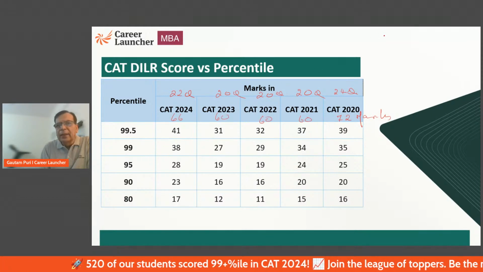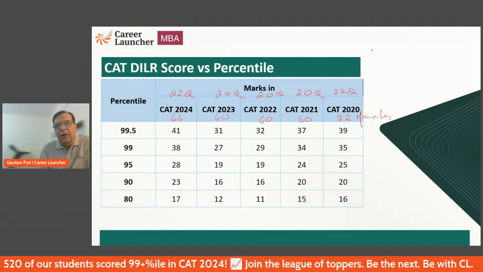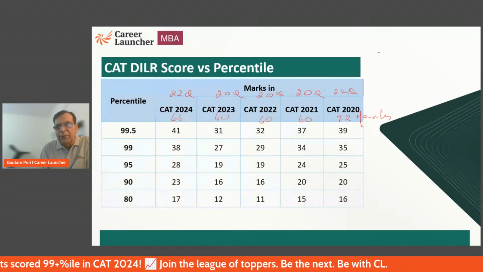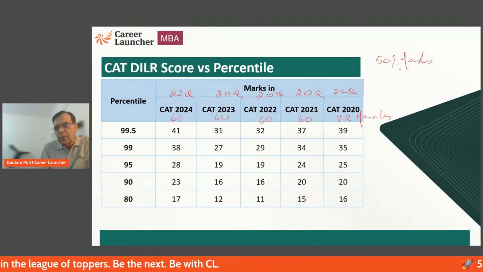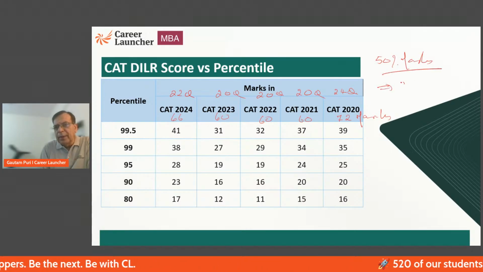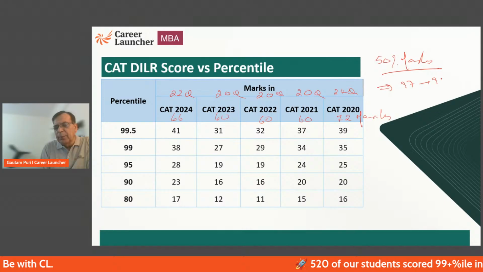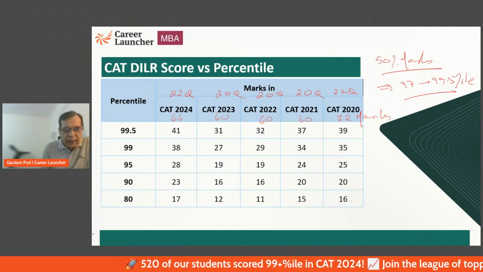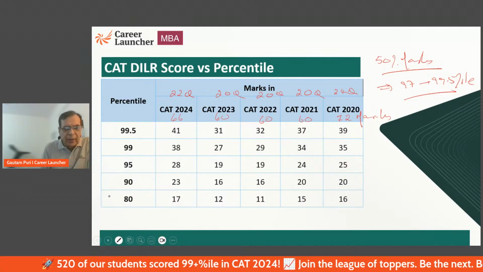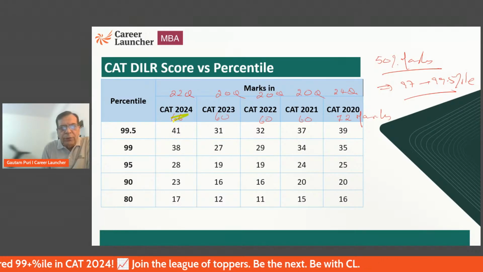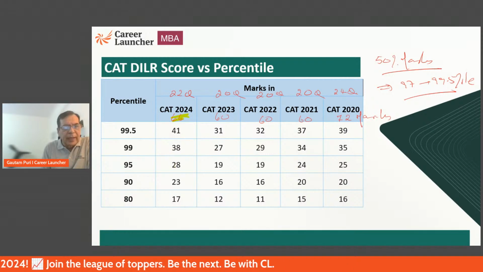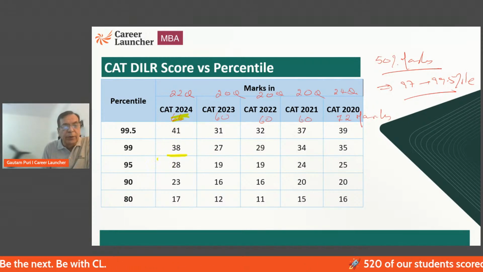The ground rule as far as CAT is concerned: in the DILR section, if you get something like 50% marks, you will be somewhere between 97 and 99.5 percentile, depending on the degree of difficulty of the paper. You can see this in each of these 5 papers. CAT 24, 66 marks, 50% will be 33 marks, which would have got you 97 percentile.